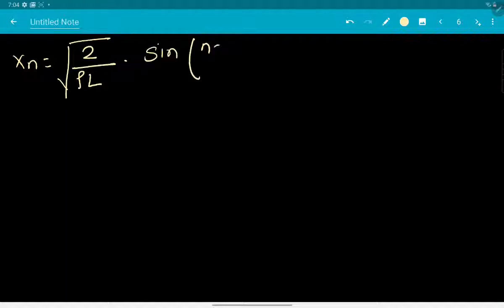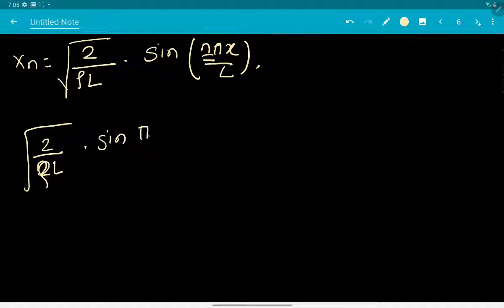Now for this continuous system, we have obtained mode shapes like this, where we have rather infinite mode shapes, square root of 2 over rho L multiplied by sine n pi x over L. Let's consider the first mode shape. In order to do that, we put n equal to 1, and what we get is sine of pi x over L. If you decide to plot this, it will look something like this.